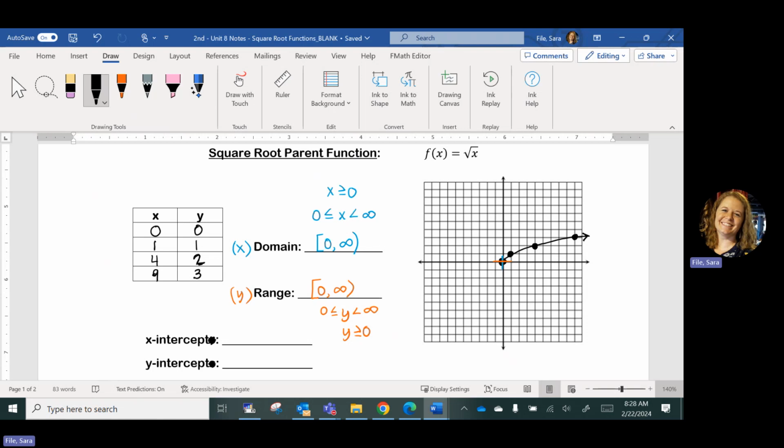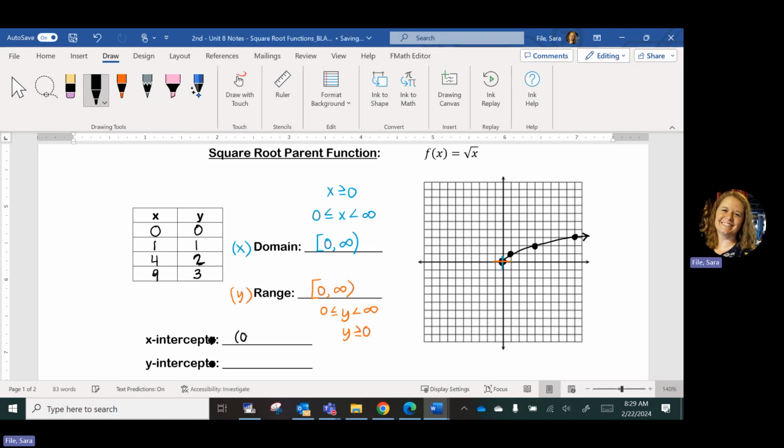All right, in this case, in the parent function, what is the x-intercept? Where does this graph cross the x-axis or touch the x-axis? At 0. 0, 0 is the point, okay, the origin.